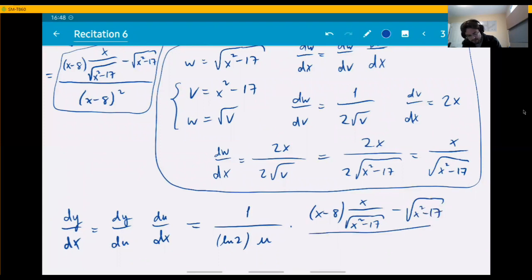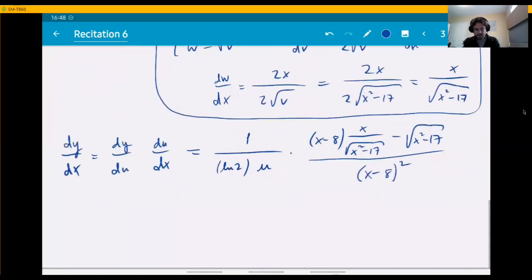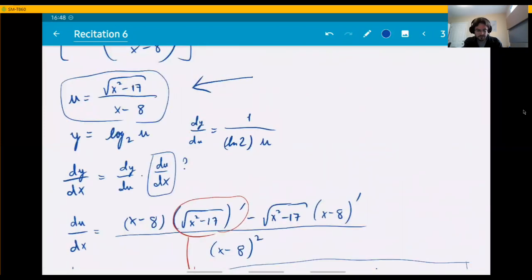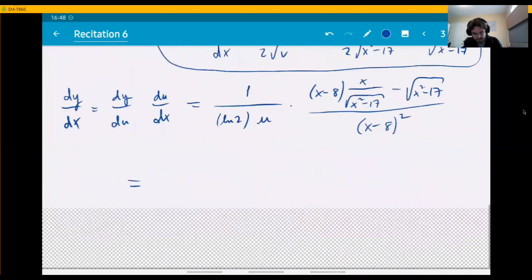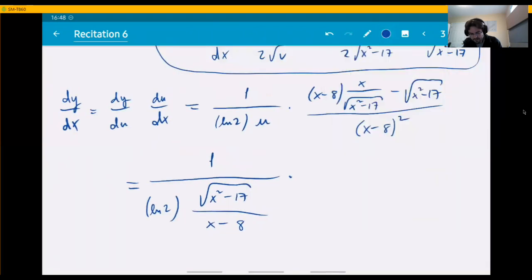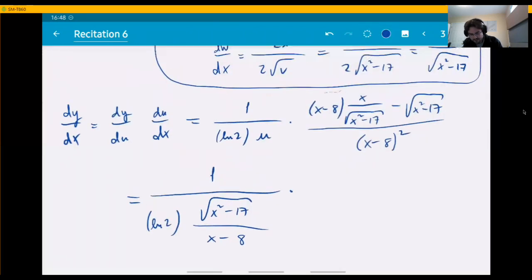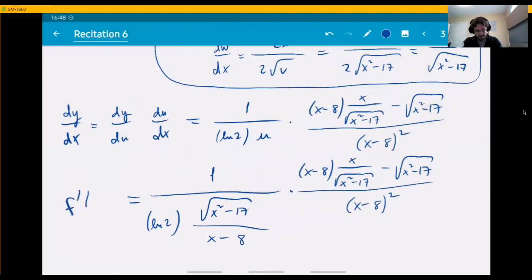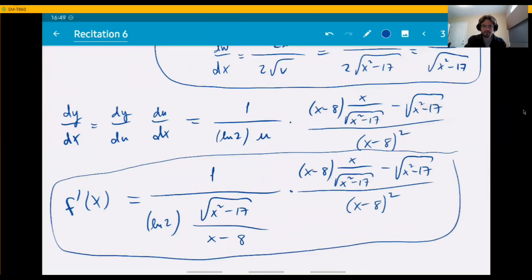The whole thing is divided by (x minus 8) squared. Okay, and where u was actually square root of x squared minus 17, divided by x minus 8, times, okay, now this whole other expression that I have in here. This is f prime of x, or dy/dx. The largest portion of this question.